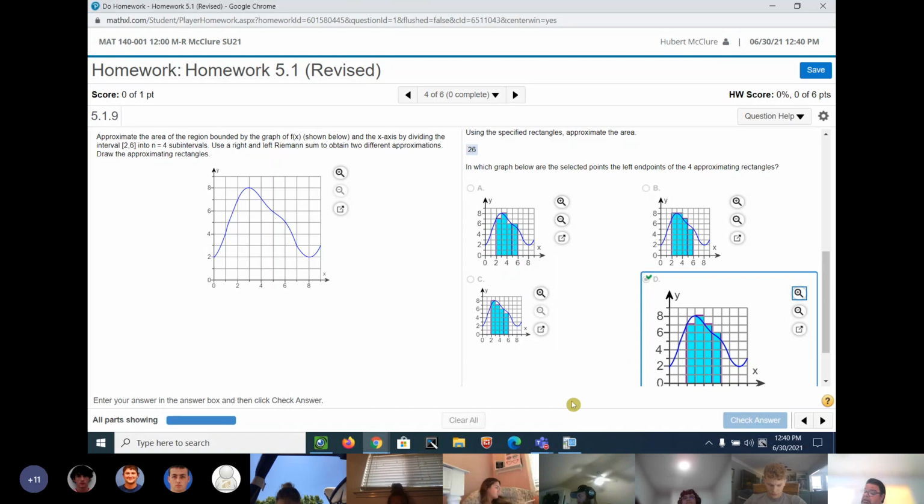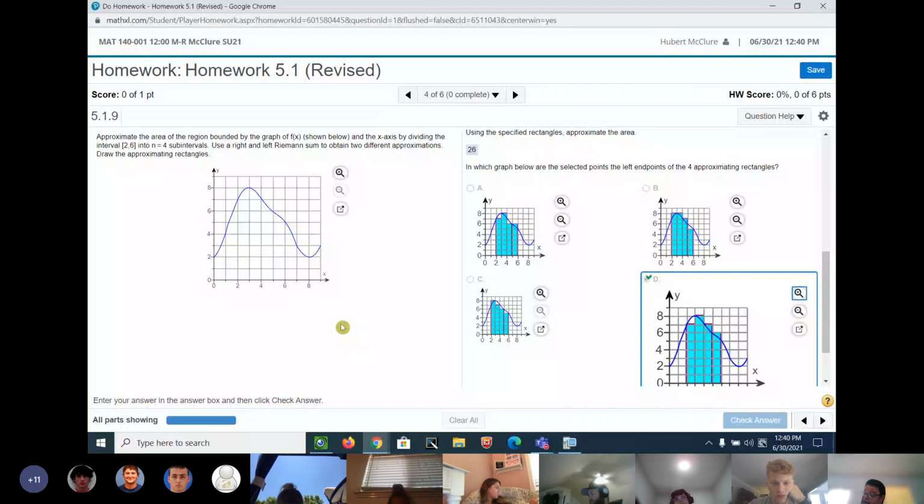This one's at 8. This one's at 7. This one's supposed to be at 7, sorry. That one's supposed to be at 7. And this one is at 5. So I've got it really messed up.